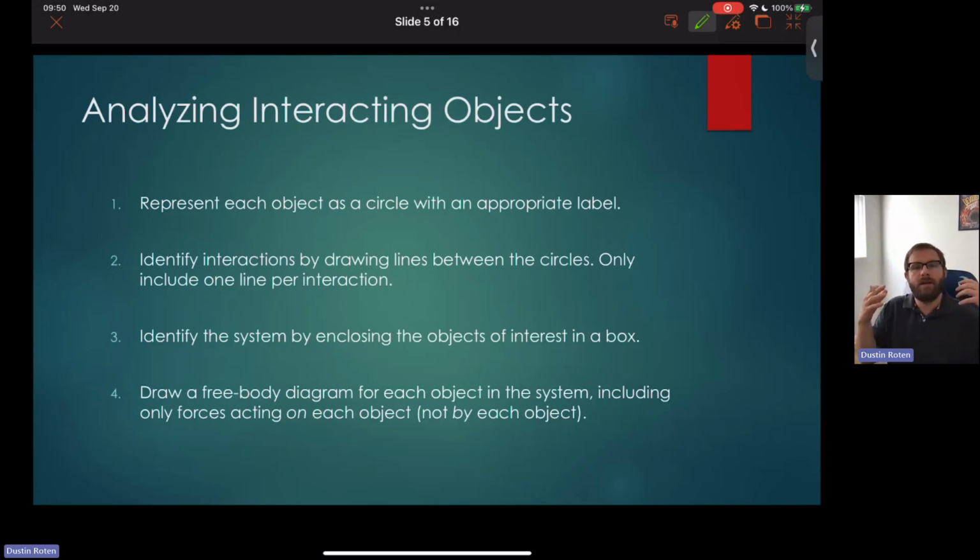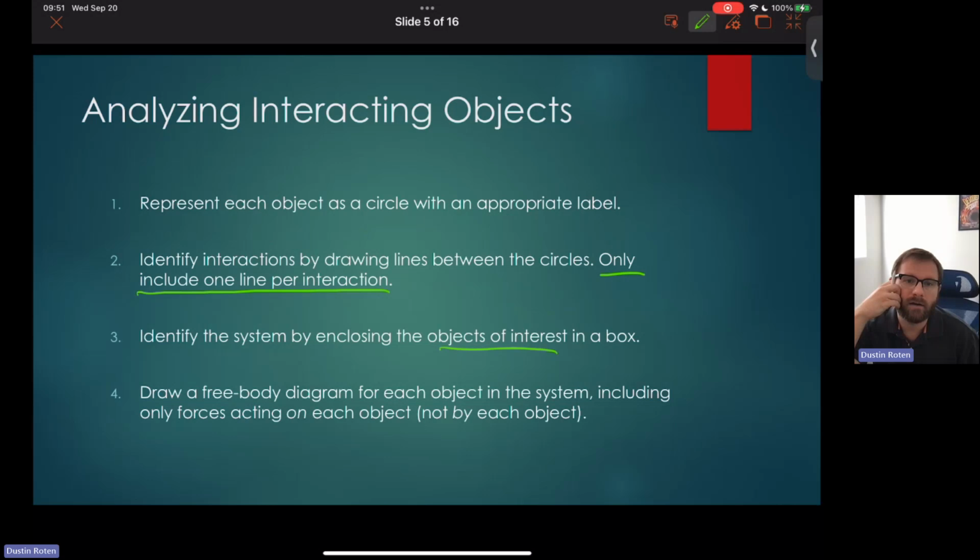Now we can apply this in a very systematic way to pretty much any problem we look at. First, we represent each object as a circle with an appropriate label, like we've done. We identify the interactions by drawing lines between the circles, remembering to include only one line per interaction. Next, we identify the system by enclosing the objects of interest in a box, specific to just the objects of interest.